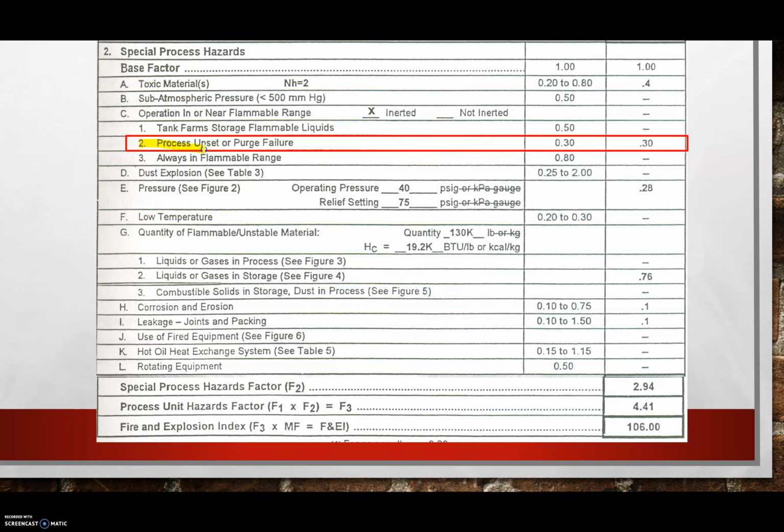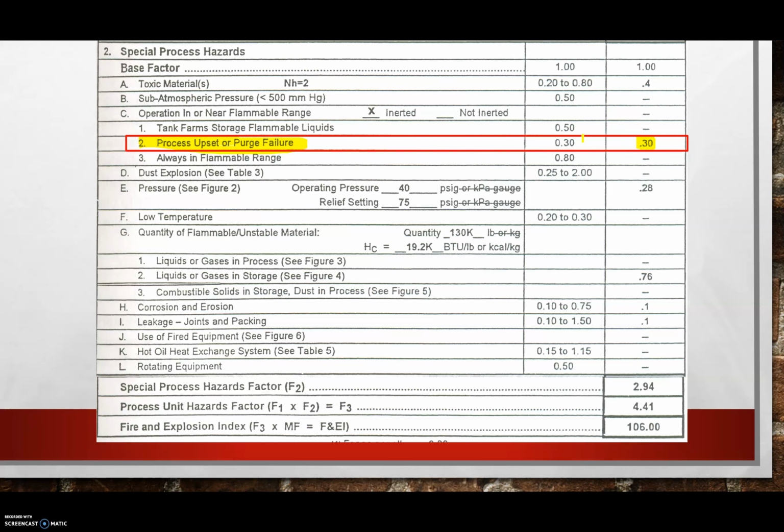So the process upset or the purge failure, what are their penalties? So the factor is only 0.3. So there is no range for these penalties.